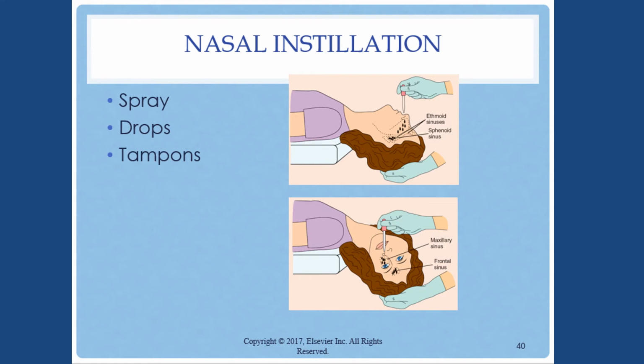So the most commonly administered form of nasal instillation is that decongestant spray or drops. They're used to relieve symptoms of sinus congestion and colds. You need to caution your patients to avoid abuse of these medications because they could have rebound, where that nasal congestion or whatever they're treating comes back even worse.